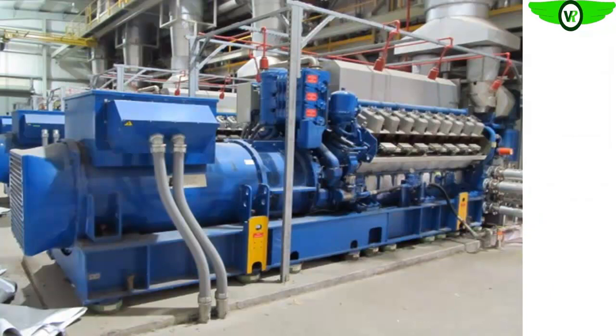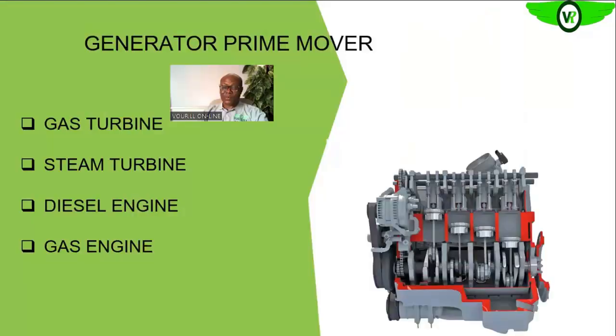So we also have the gas engine. In this case, it's the same thing, it's a reciprocating engine as we have here. But instead of burning diesel, it is burning gas, majorly methane gas. So the principles are the same. It converts the chemical energy that is contained in that gas into rotating mechanical energy, following the same principle.